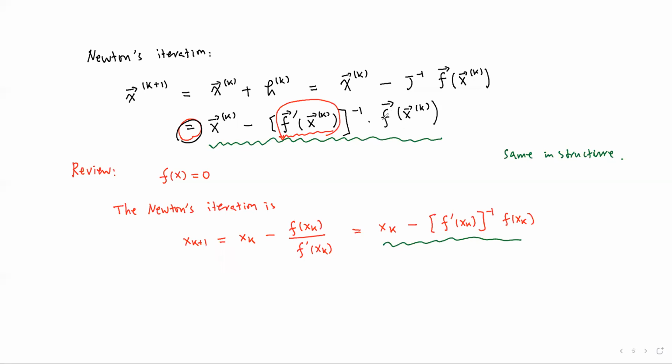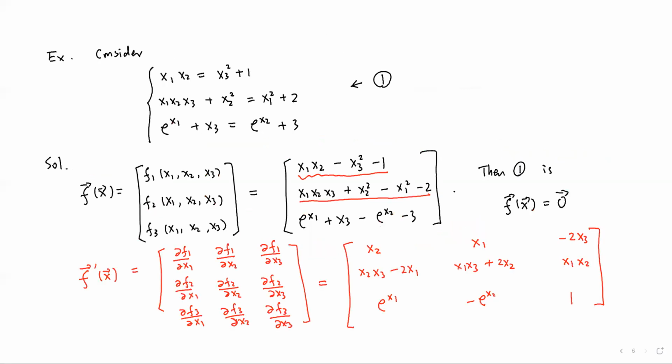Okay, now we need an initial guess about the root. Now I start Newton's iteration with this initial guess. I start with 1, 1, 1.